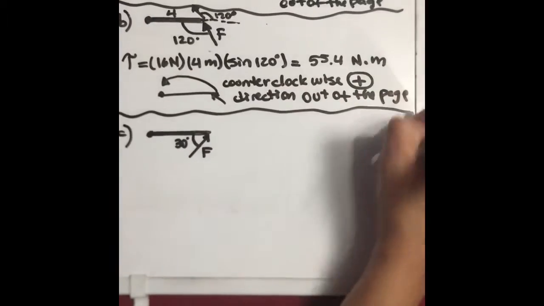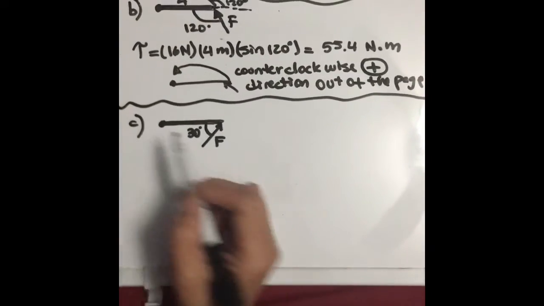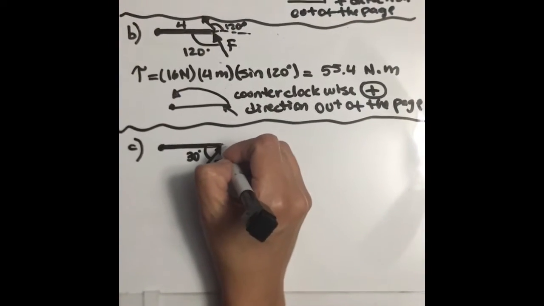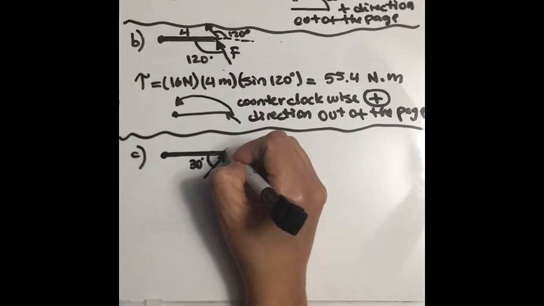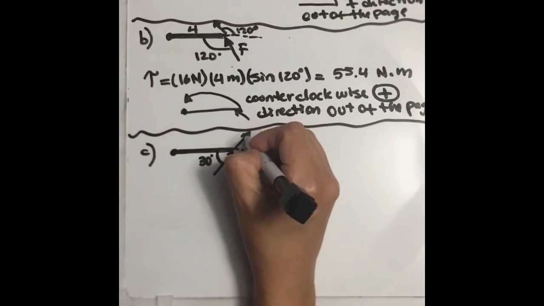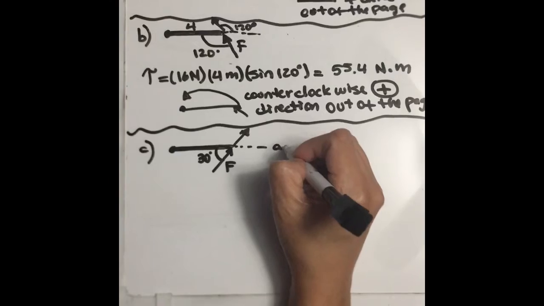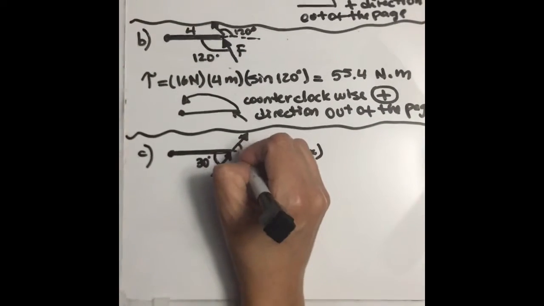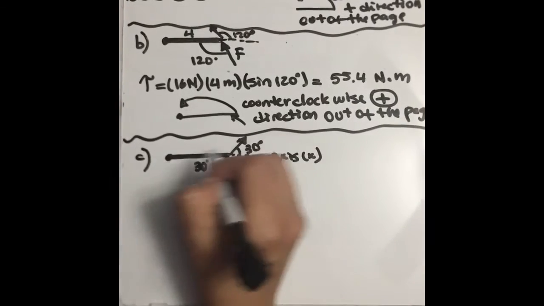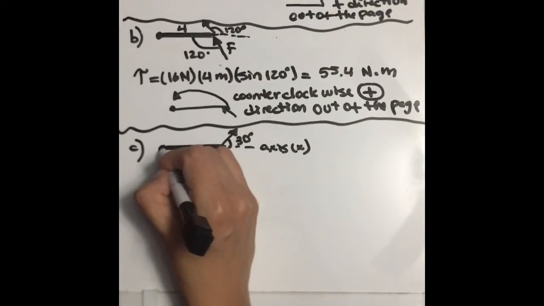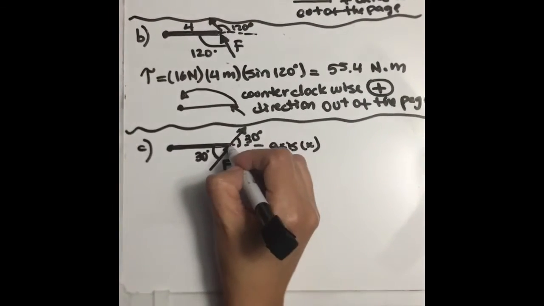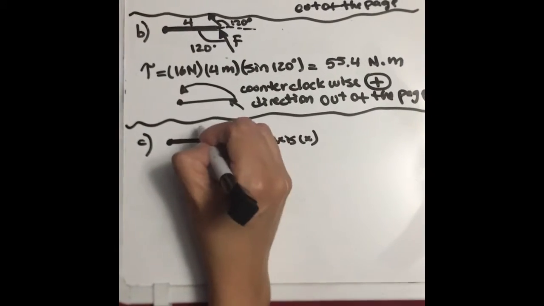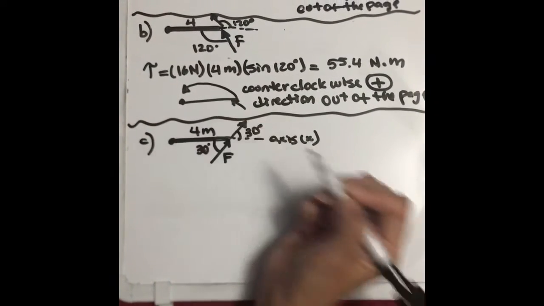Similarly, we have case C, where again you translate the force over here with the x-axis, and the angle over here is 30 degrees. The distance from the hinge of the door to the force applied is again the same, 4 meters.